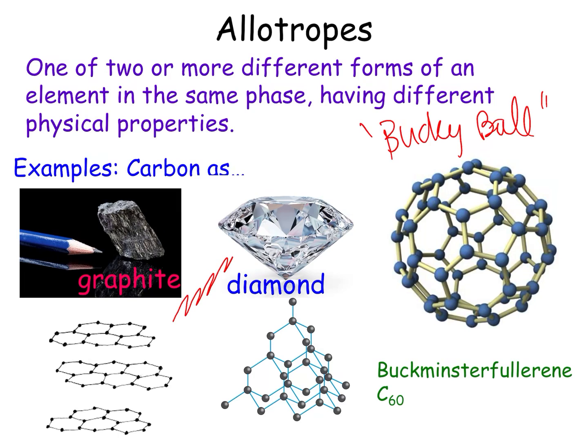It looks like a soccer ball, see? These circles are all carbon atoms, and these represent the bonds. It's C60. So carbon can form 3 totally different physical properties, but they're all created of carbon. There's nothing else. It's just carbon.